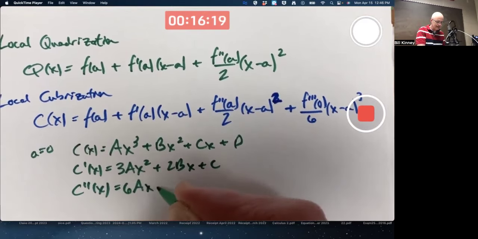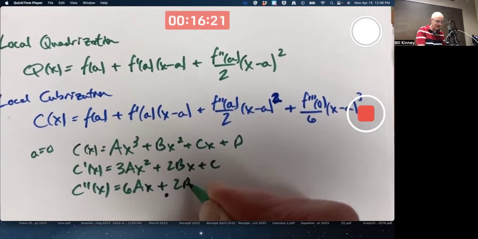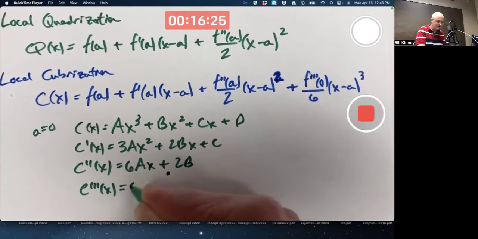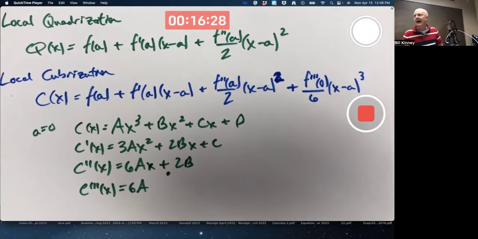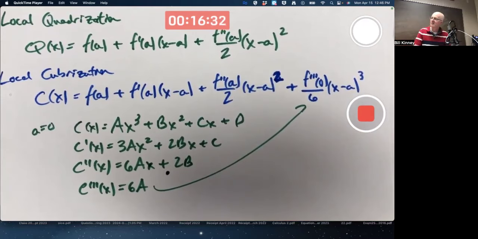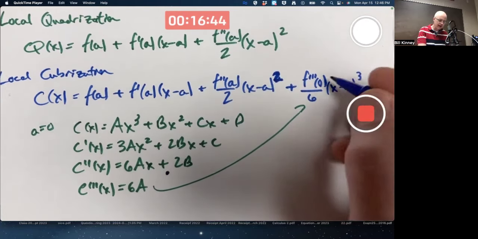Get 6ax plus 2b. Is that 6 an accident? No, f triple prime of x is just 6a. And that 6 is what's going to lead to the 6 there. 6a would have to equal f triple prime of 0. And you divide by 6 to solve for capital A. And I realized I made a typo here. In general, this is an A here.